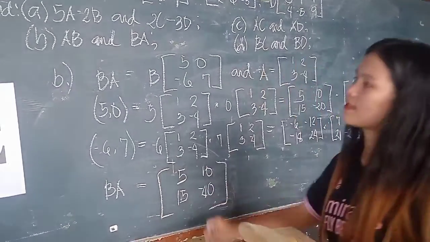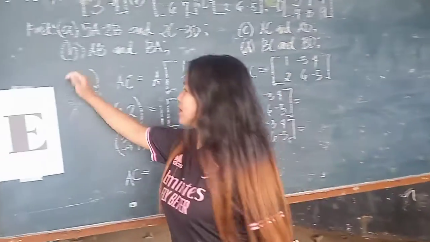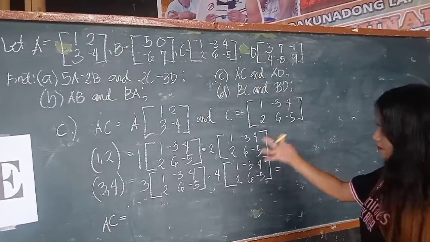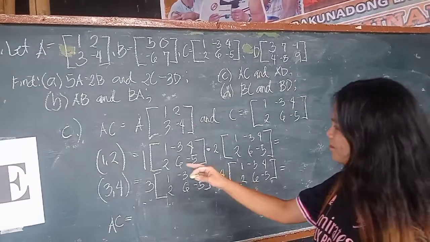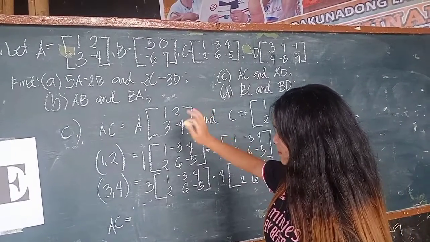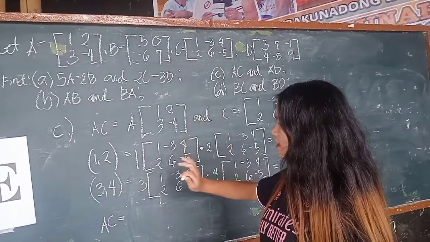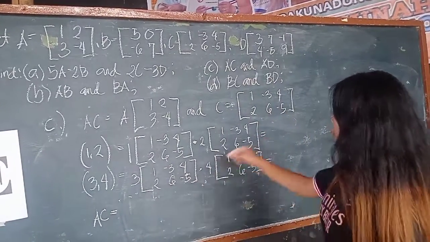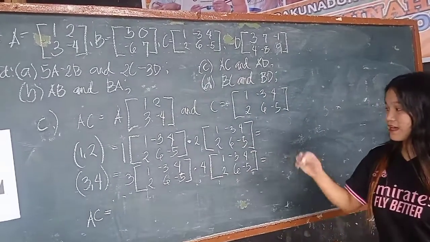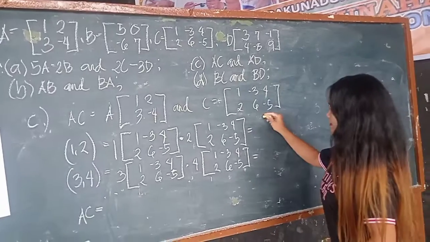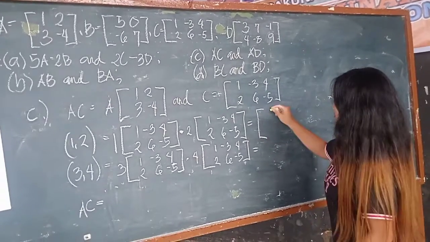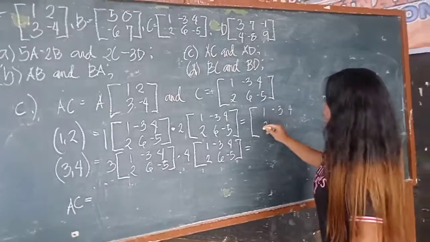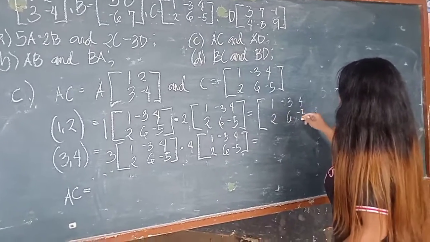And that's it. So let's proceed to letter C, the AC. So I just have the value of A and C. First column, you can see it as a column or a row. So 1 and 2, we should multiply that to the value of letter C. So it becomes 1, negative 3, 4, 2, 6, negative 5.